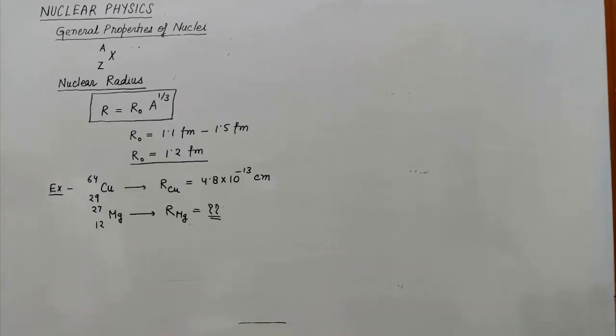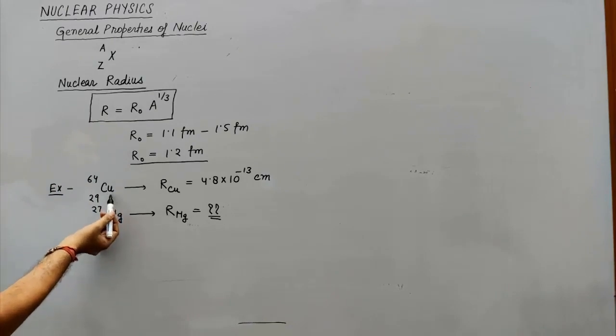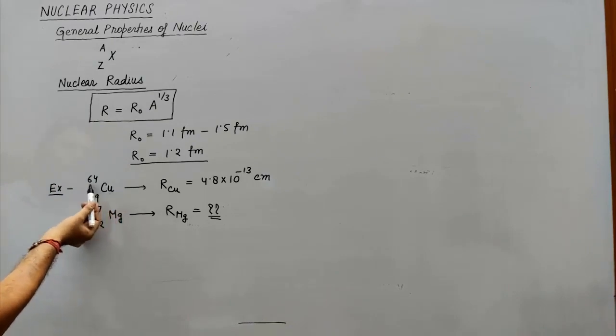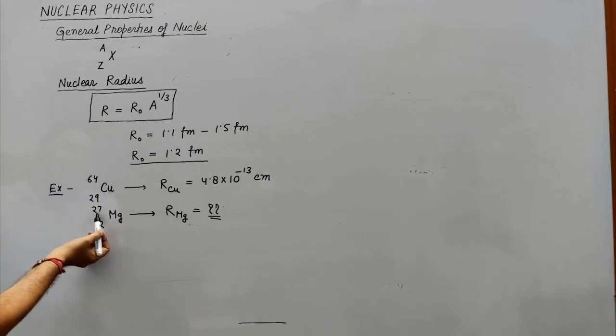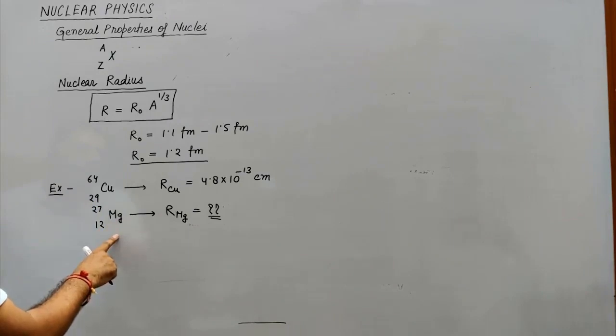This formula is important because it can give a relationship between the radii of two different nuclei. One nucleus is Cu64, another is Mg27, and this formula provides the relationship between their radii.